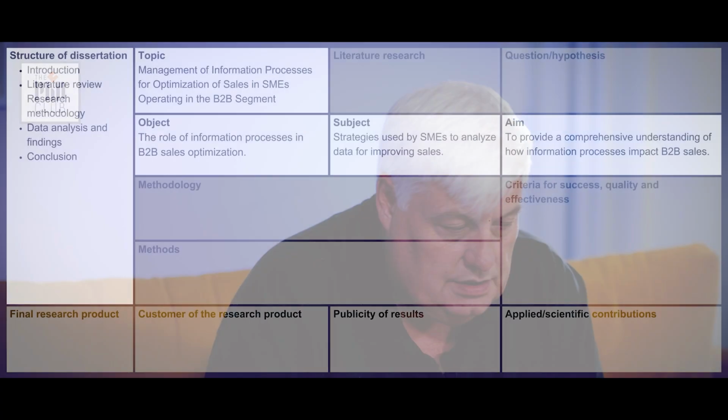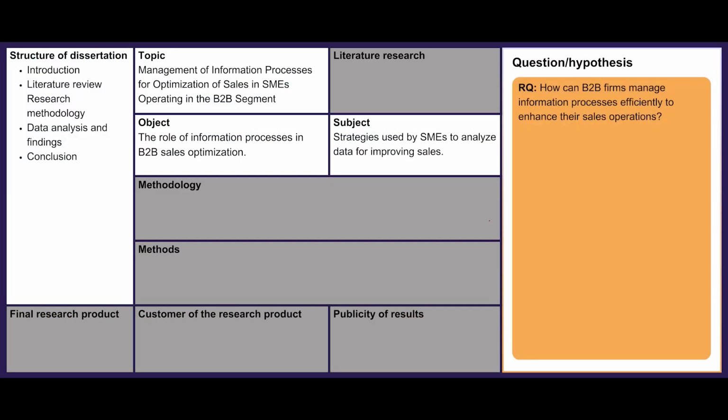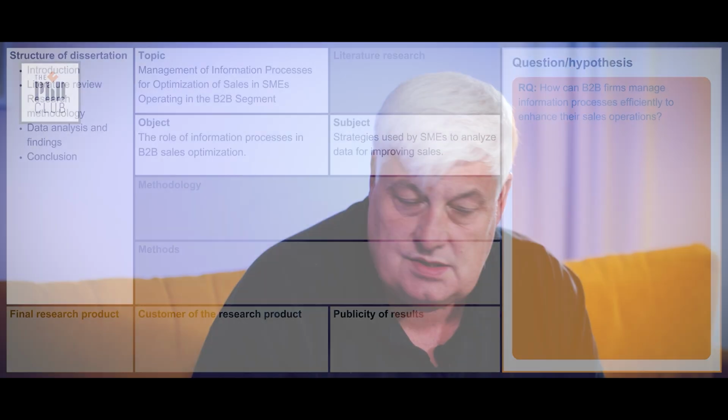I think the biggest question he wants to answer is what we show in Canvas as number one: how can business to business firms manage information processes efficiently to enhance their sales operations? The main idea is to get better revenues, to get better sales, but to formulate this, he did it in a research question: how can business to business, B2B firms manage these information processes?